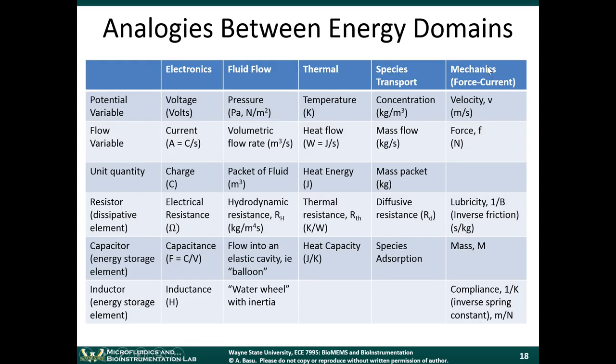Okay, each one of these domains can be modeled by equivalent circuit models. So one of the things that we're going to talk about today is how to model different systems using equivalent electrical circuits, like resistors, capacitors, voltage sources, and current sources. Okay. For those of us who are electrical engineers, we've all analyzed circuits in that manner.